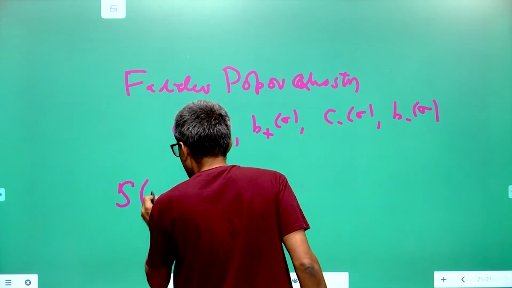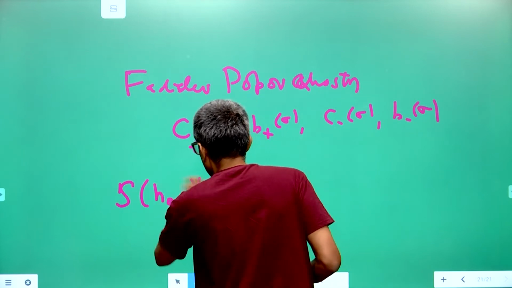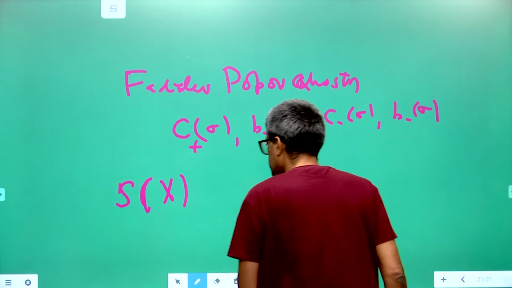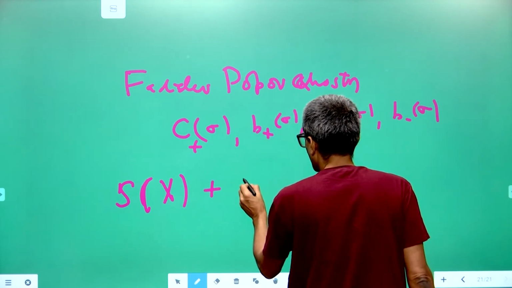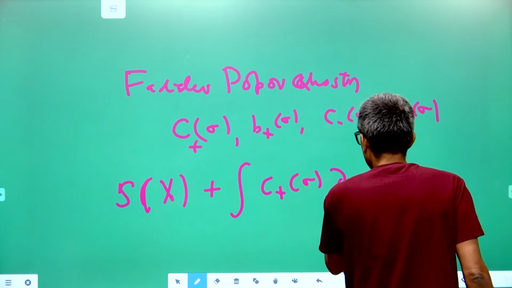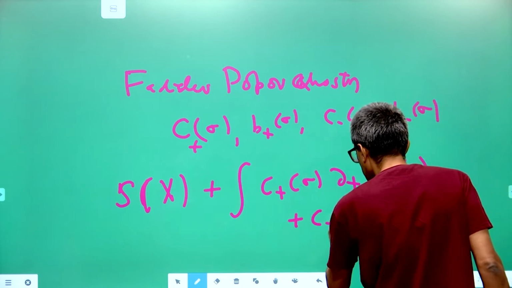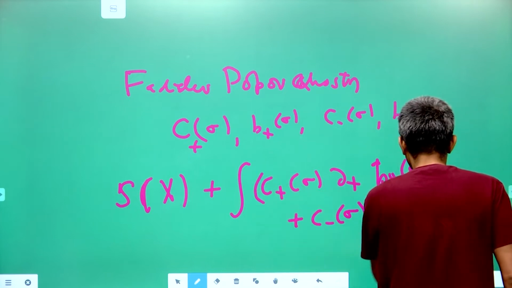So, the bosonic action becomes now S of h, h0, x, let us remove h0, h0 corresponds to simply the flat space-time metric. So, it is S of x, the bosonic action, plus the integral of C plus sigma dou plus B plus sigma plus C minus sigma dou minus B minus sigma, d2 sigma.